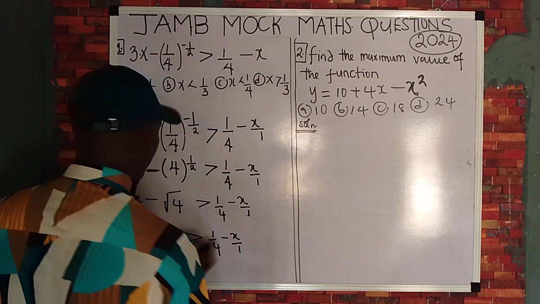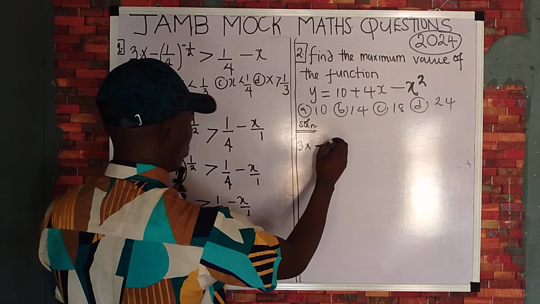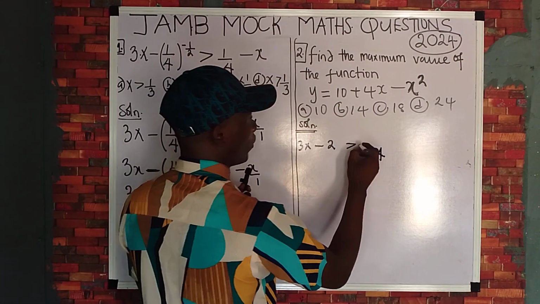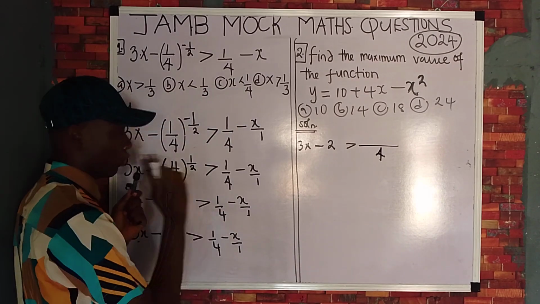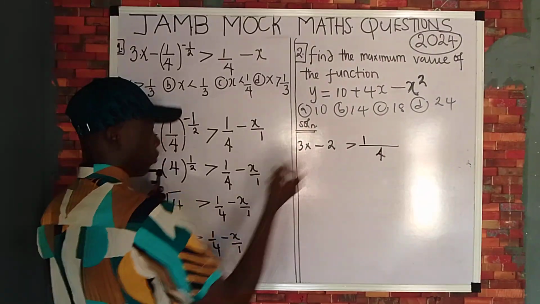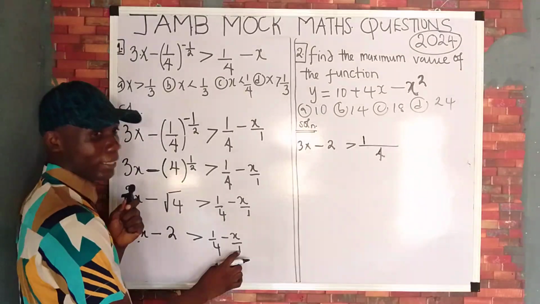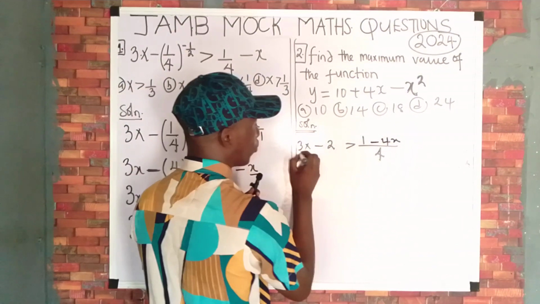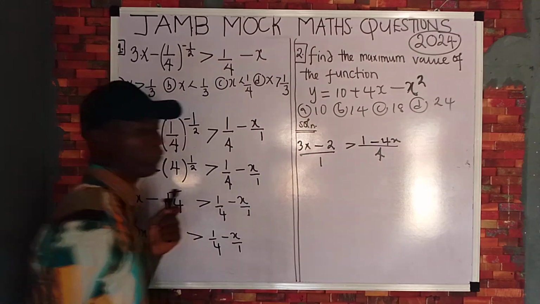Now you have that 3x minus 2 greater than the LCM of 4 and 1, which gives us 4, and then 4 divided by 4 is 1 times 1, 1. 4 divided by 1 is 4 times minus x, minus 4x. So while this is over 1, this is over 4.